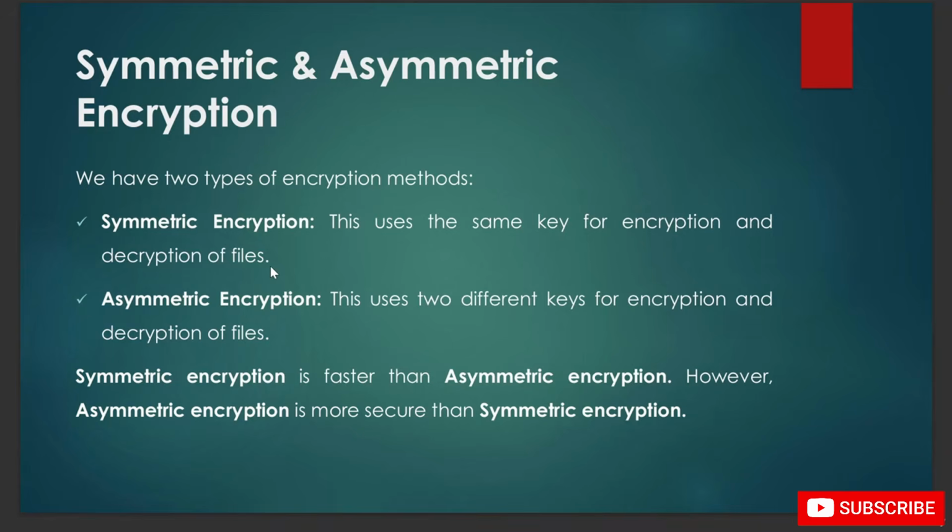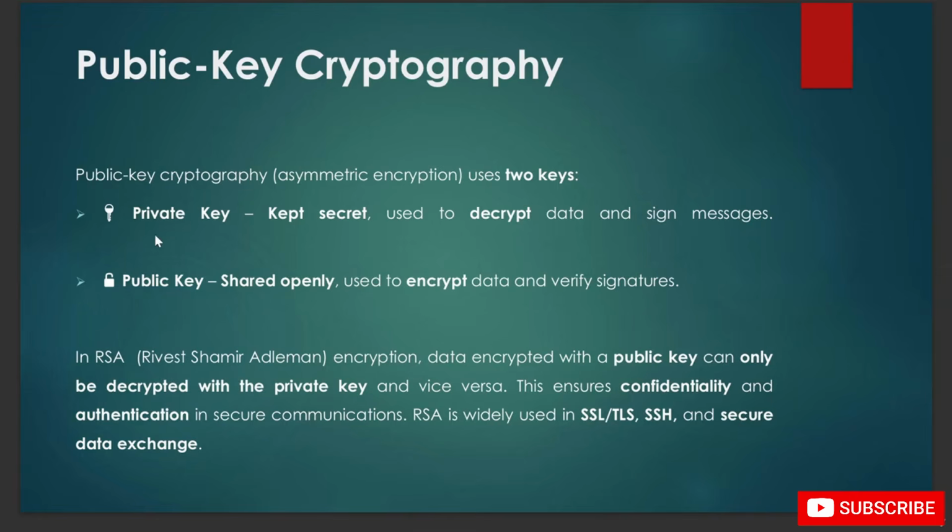Now, the practicals we did in the previous video where we encrypted and decrypted some files, that was symmetric encryption. Now, for the asymmetric encryption, this uses two different keys for encryption and decryption of files. Now, these two different keys are what we call the private key and the public key. So, asymmetric encryption is also known as public key cryptography.